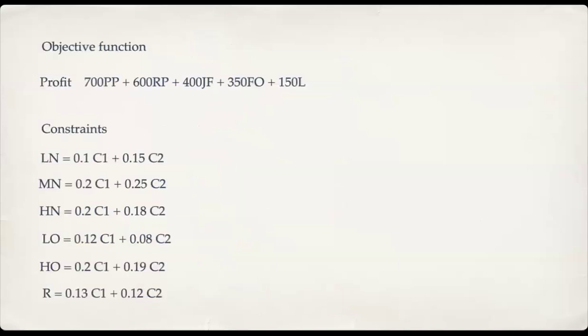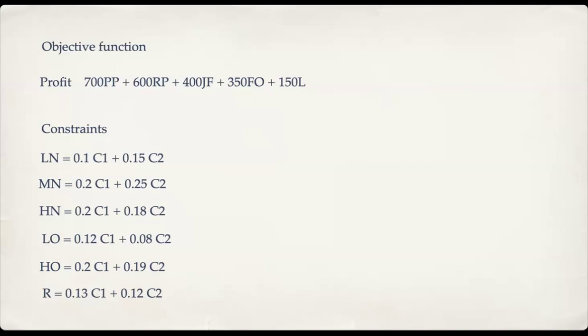So for the objective function, we want to maximize profit, right? We have no information regarding cost, so we don't have to consider the cost. We can treat the costs as almost the same; the cost does not change by changing the decision variables.